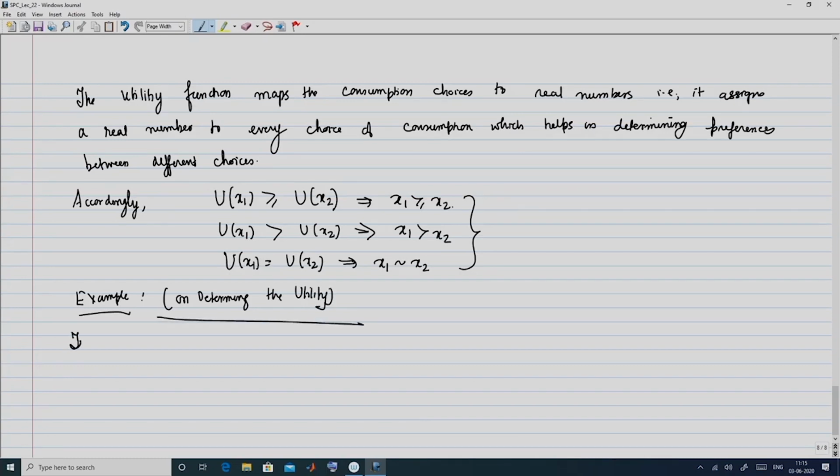So, what happens here is two investment opportunities are offered to an investor. So, what is the first opportunity?